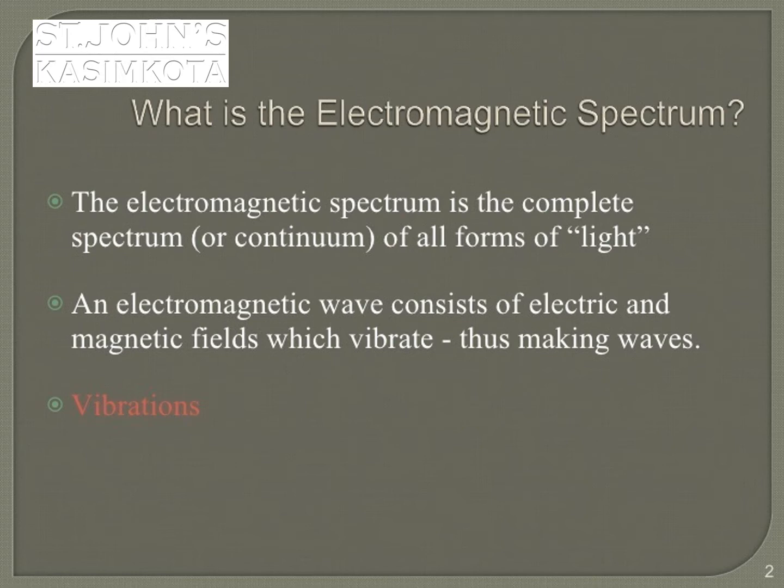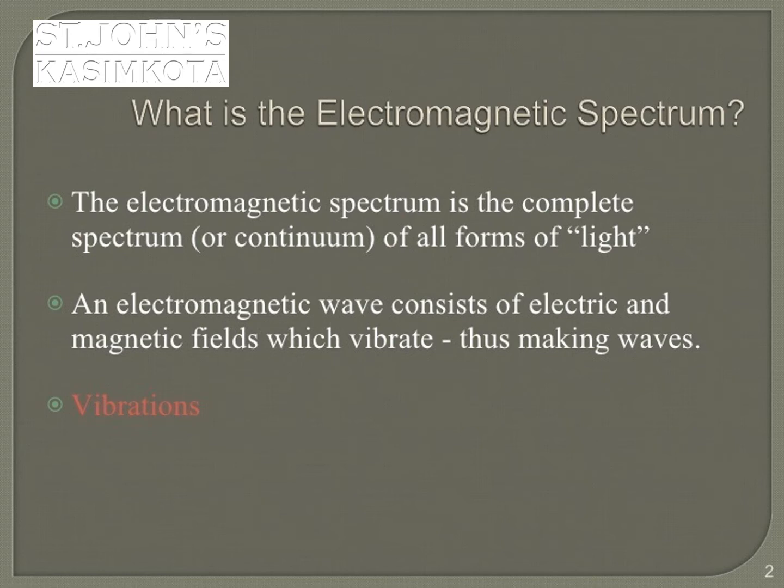So when electromagnetic waves are moving, they carry energy along with them. These waves which are moving continuously are called an electromagnetic spectrum, in the same way as you say visible spectrum.